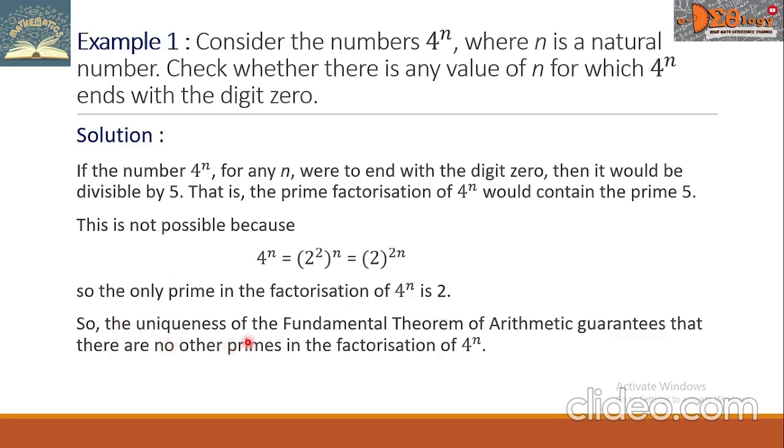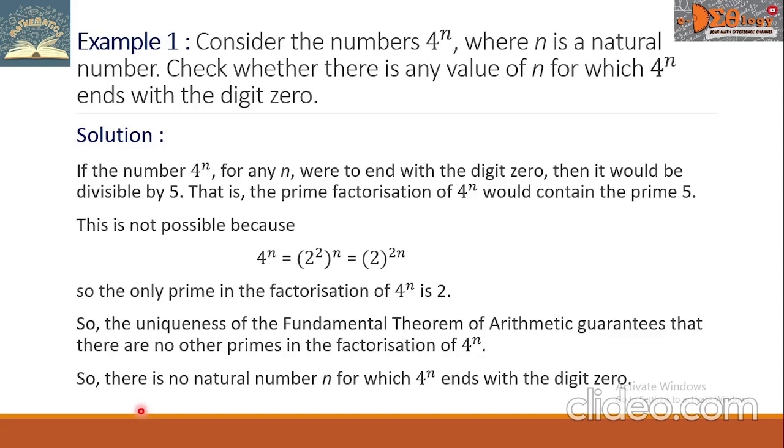So the uniqueness in the fundamental theorem of arithmetic guarantees that there are no other primes in the factorization of 4 raised to n. So there is no natural number n for which 4 raised to n ends with a digit 0.